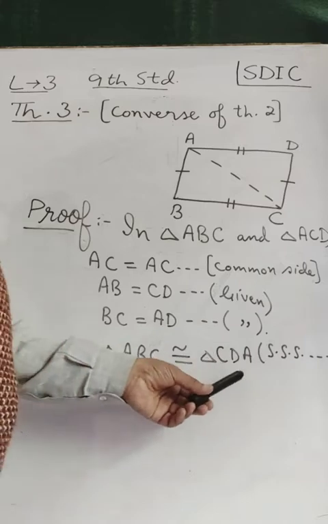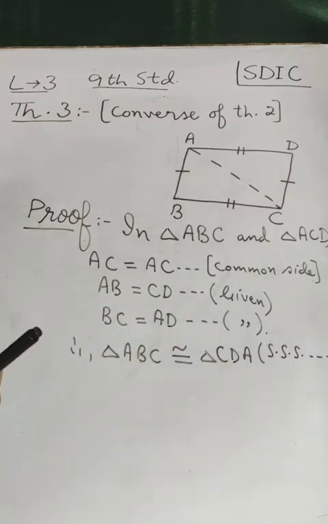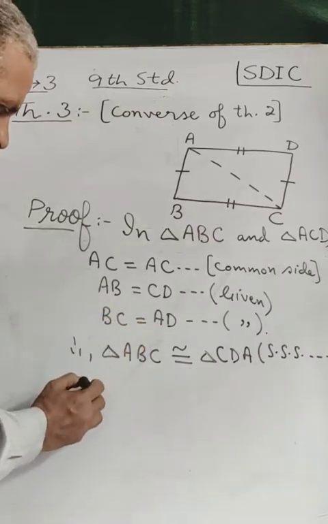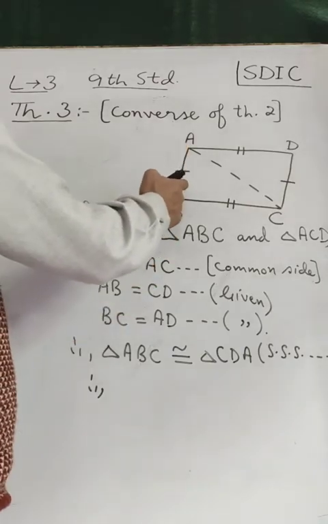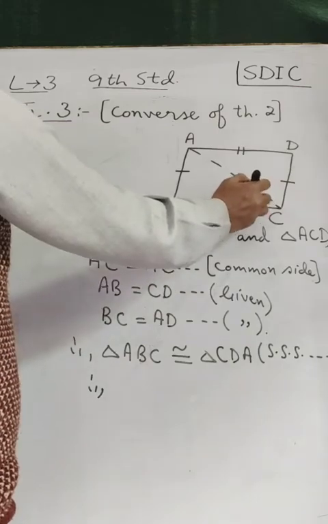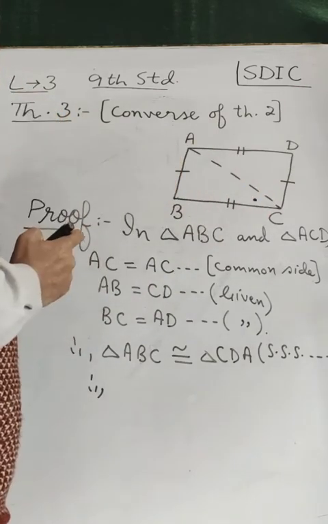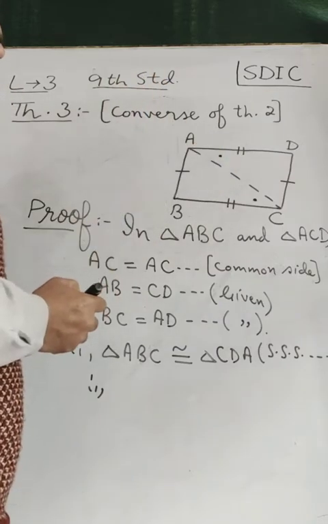Then B is D, C is A. So therefore it becomes CDA. The triangles being congruent, we will apply CPCT then. According to CPCT, angle B will be equal to angle D. The angle at vertex C will be equal to the angle at vertex A in the second triangle. I have put single dots.